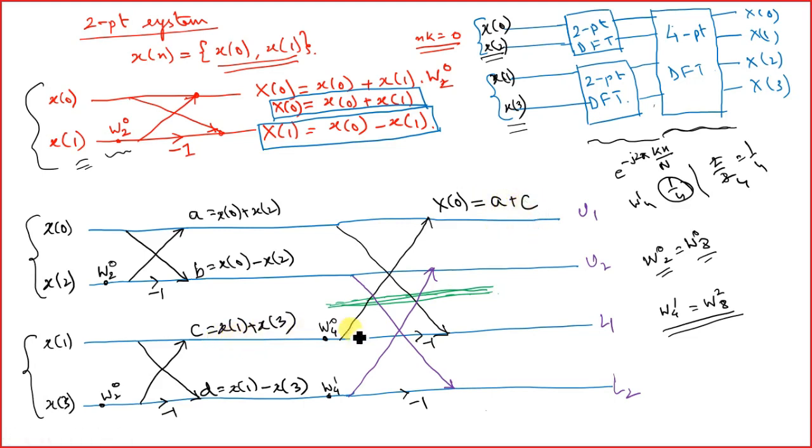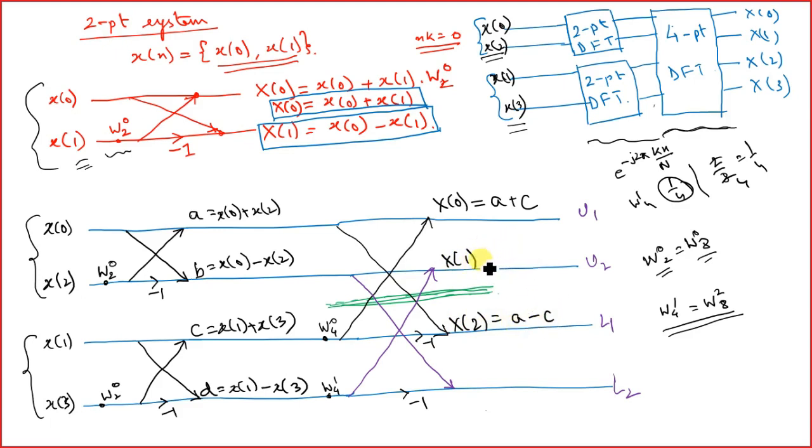Because W04 will be 1. So A is coming over here directly, and C is multiplied with 1 and goes over here, so we get A plus C. Similarly, this would be X1, this would be X2, it would be A minus C, right?